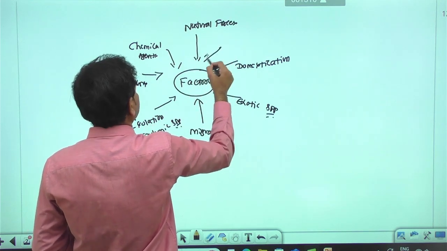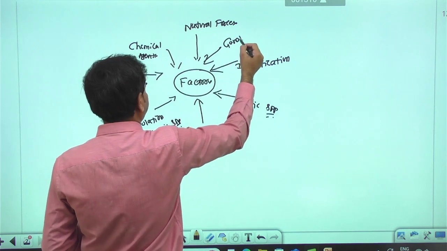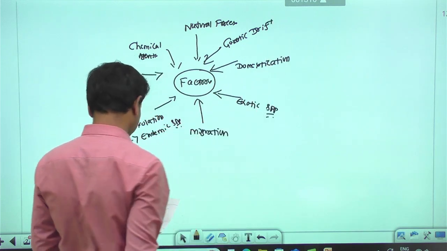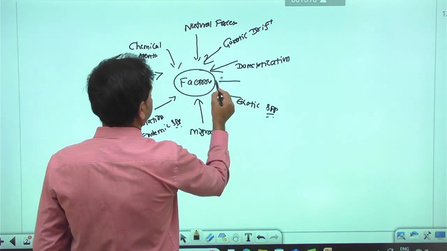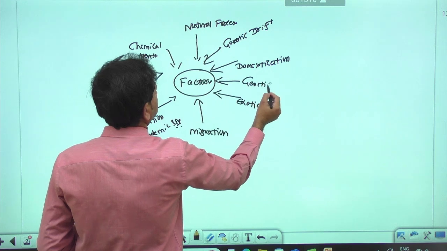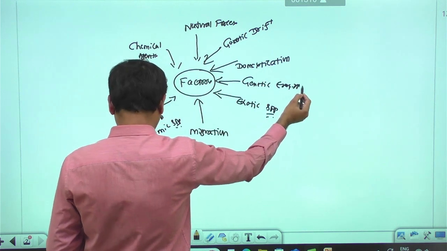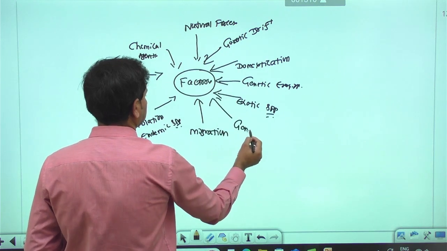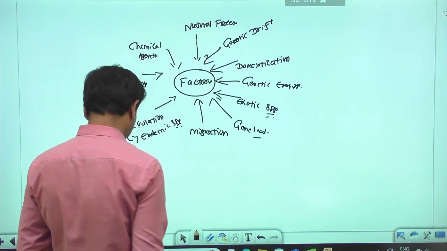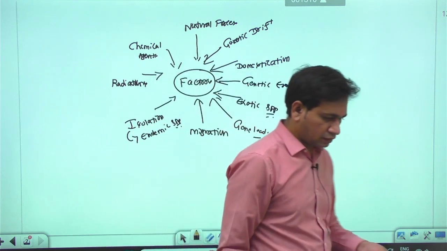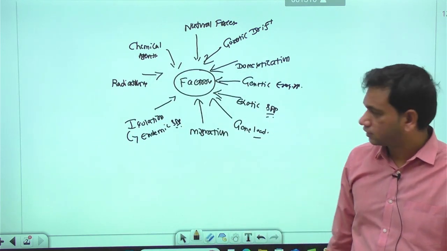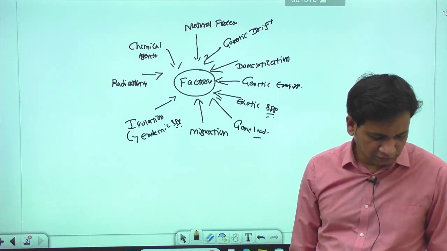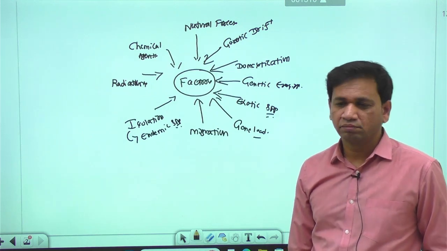Then we have genetic drift, then genetic erosion, and gene load. Because of these factors, some are biotic factors, some are abiotic factors. Both the factors collectively can lead to changes in the DNA sequence.